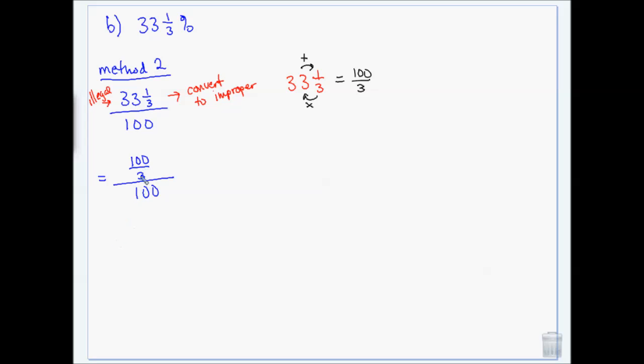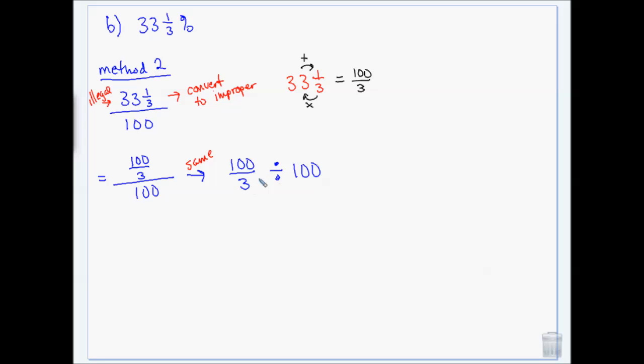Now, 100 thirds over 100 is still a fraction and a fraction, which is still illegal. So what I do is this is the same as 100 thirds divided by 100. This is the same, right? Because I said division and fractions were the same.